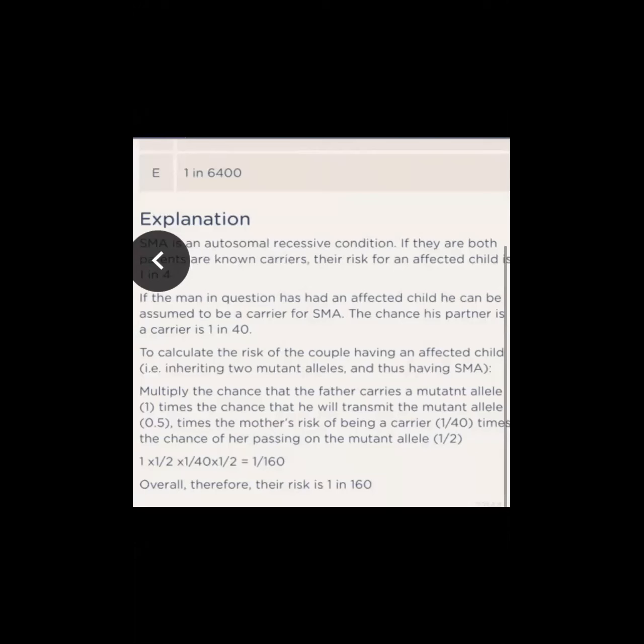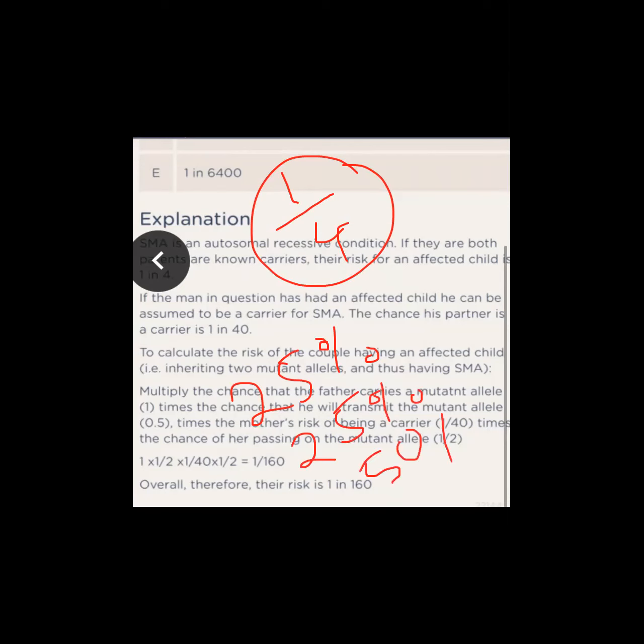If we know that both parents are carriers, then how many children will be affected? It will be 1/4. How is this 1/4? This we all know: 25% will be affected, 25% will be normal, and 50% will be carriers. So this is the equation of an autosomal recessive disease, right?